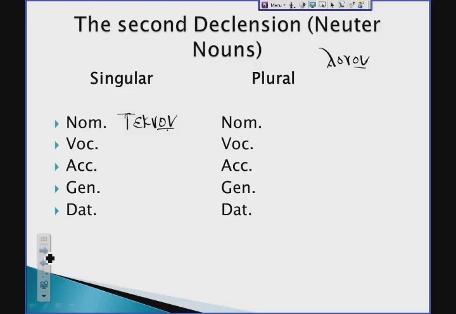So what is the big challenge now? Is to know your vocabulary. And to know that this noun is a neuter noun and this is a masculine noun. Okay? And what will be the vocative of teknon? Same. And then the accusative? What will be the accusative?